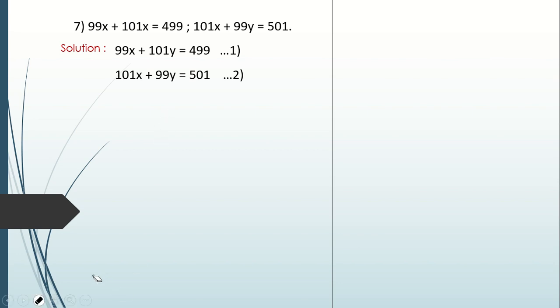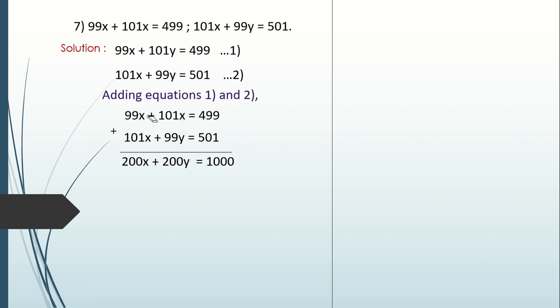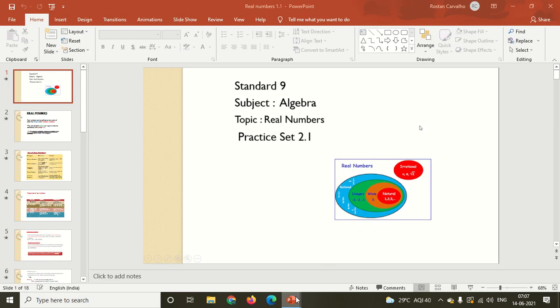So first let's do adding equation 1 and 2. We add them, 99 plus 101, 200x, and on this side 200y. Okay, this was supposed to be y here by mistake. That's the typing error.